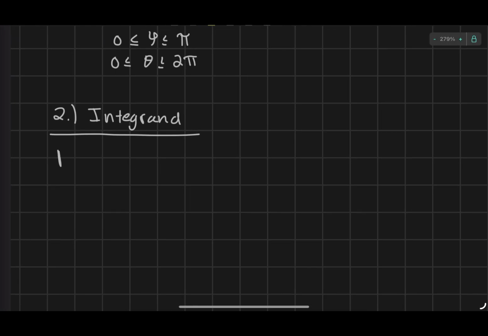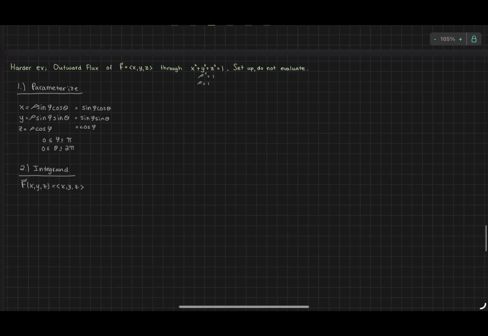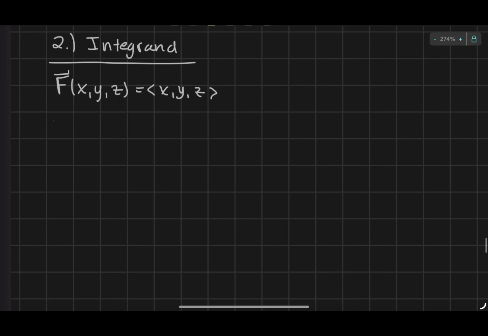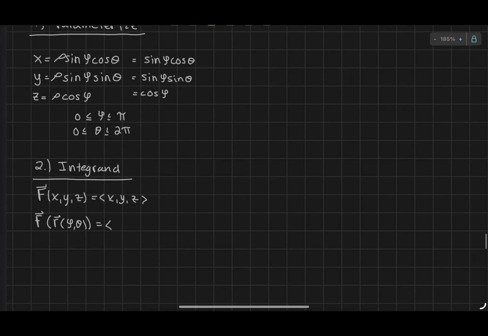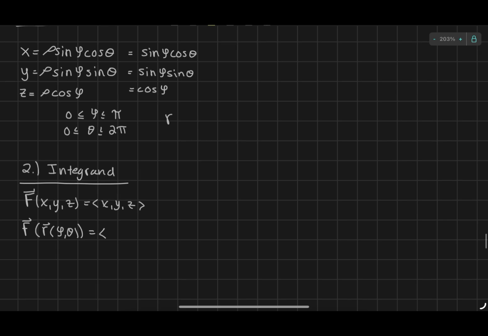Well, our vector field F(x, y, z) is equal to, I believe it was, ⟨x, y, z⟩. Yep. So F of r(phi, theta) is going to equal just these individual components. Let me write it out. I keep forgetting to do that, I apologize.